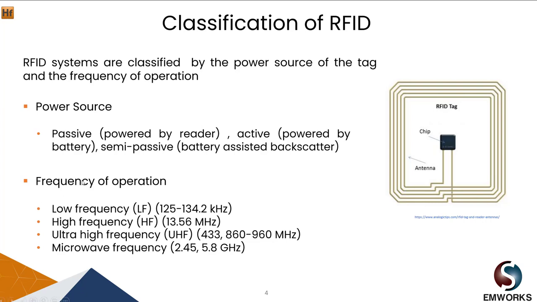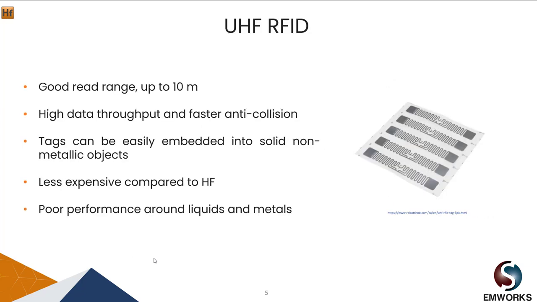Also we have what we call the semi-passive, which uses a battery for the communication from the tag to the reader. For the frequency of operation, we have mainly four frequency bands: low frequency, high frequency, ultra high frequency, and microwave frequency. But today we'll be focusing on the ultra high frequency, or UHF, RFID system.